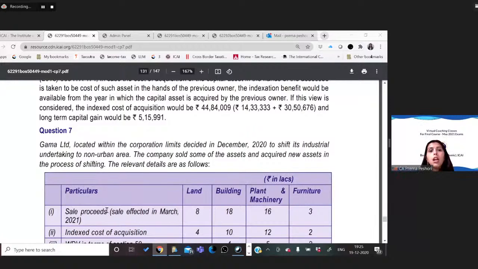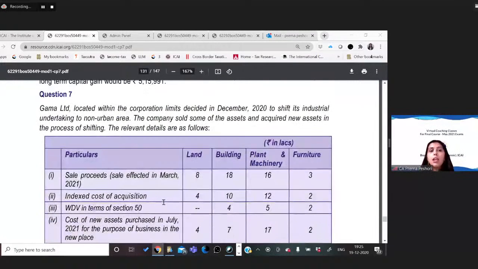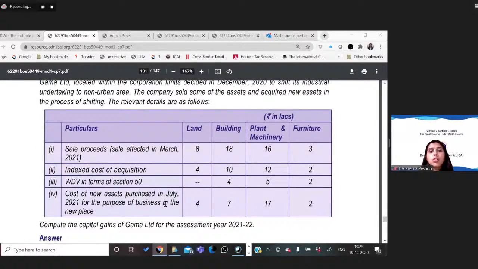Company sold assets and acquired new assets in the process. Relevant details are as follows: land, building, plant and machinery, and furniture. Sale proceeds, indexed cost of acquisition, WDV, cost of new assets for the purpose of business in the new place. Compute the capital gain. So I'm giving you 5 minutes time.